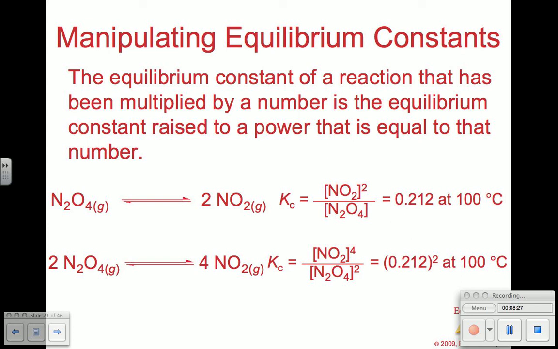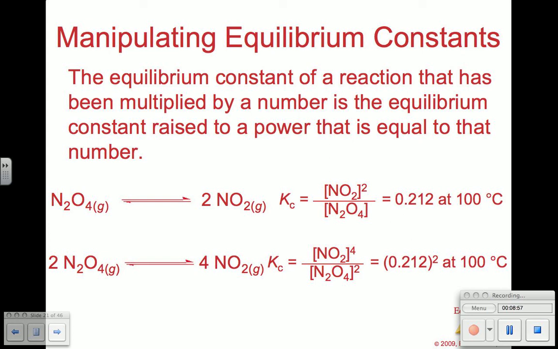The second reaction has a coefficient of 2, and then a coefficient of 4. So everything's been doubled in this reaction, and so what happens to the equilibrium constant is that it is squared. Since the numbers were doubled, the equilibrium constant would be squared. Let's say all the numbers were tripled. Then we would cube the equilibrium constant.